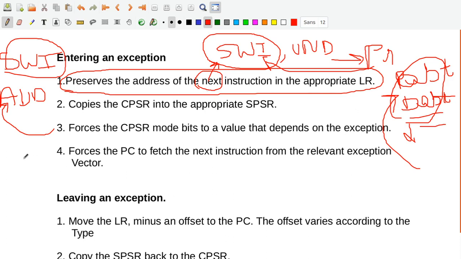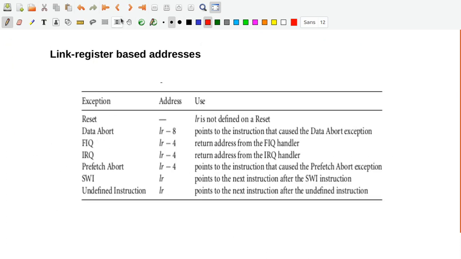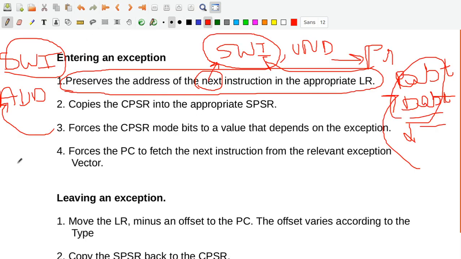Whereas with prefetch abort, data abort, or maybe FIQ or IRQ, if these kinds of exceptions are thrown, the offset address varies, I mean the return address varies. That is what I wanted to mean here.